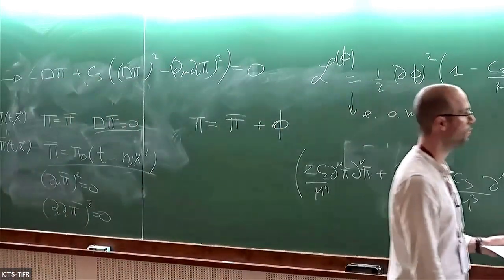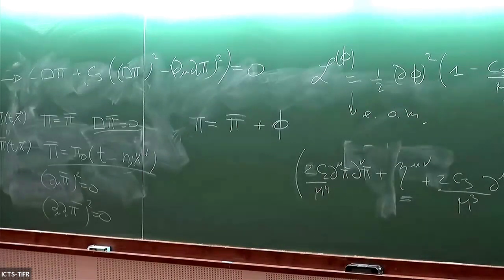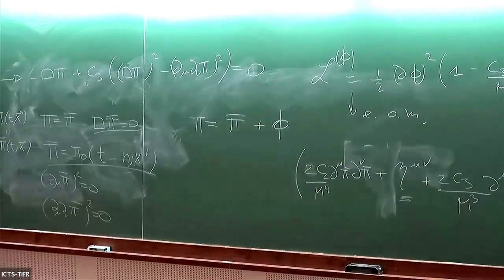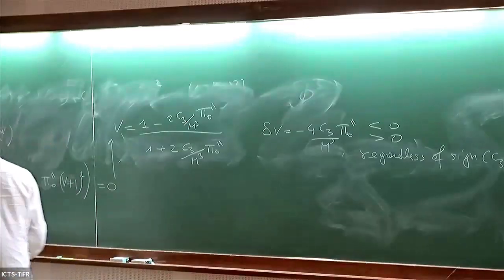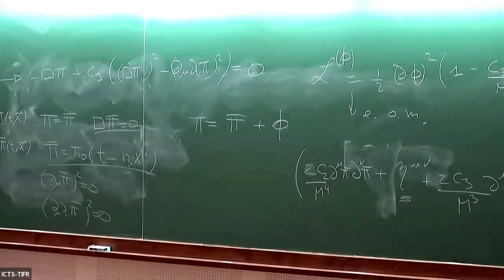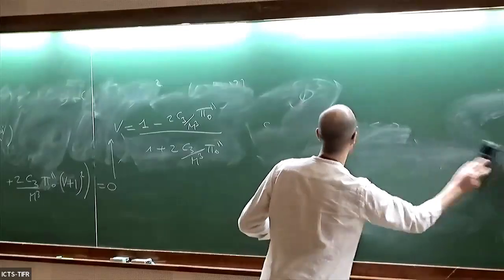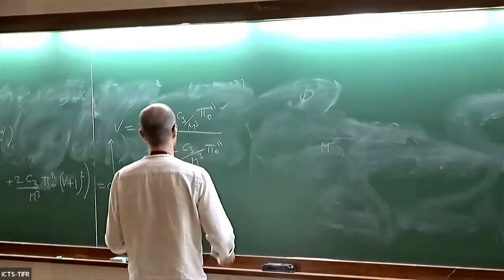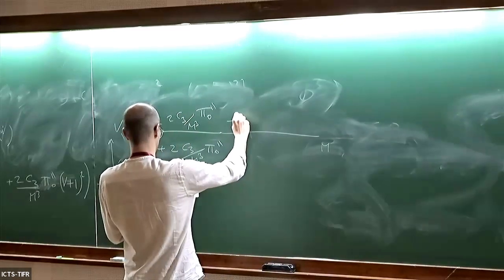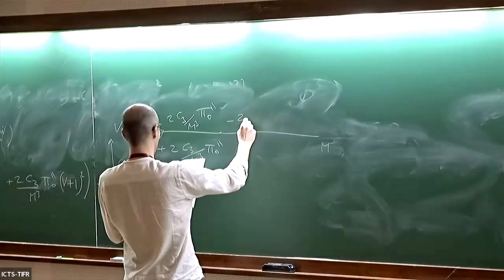So you can repeat, plugging in your ansatz for the solution for the perturbation in this case, and see that it will change this equation a little bit. There's a correction due to C2, and the solution is nothing but adding here minus 2.